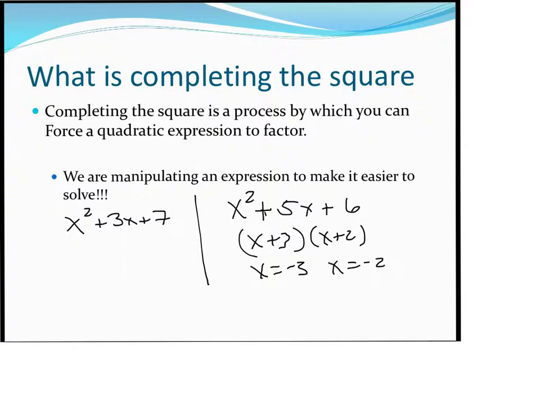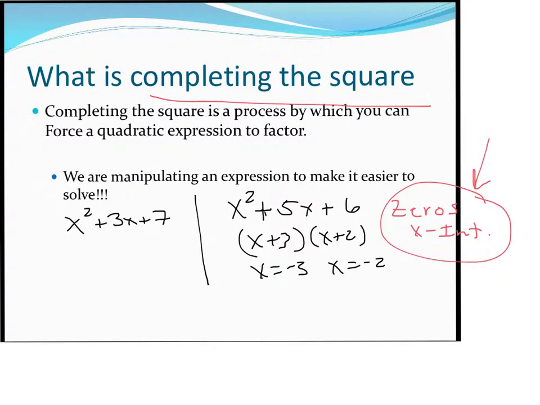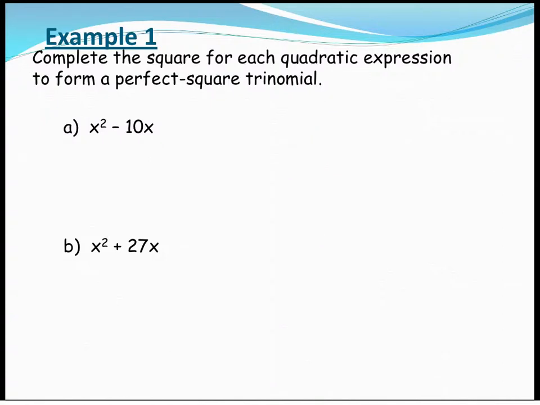These are synonymous: zeros or x-intercepts. When we're completing the square, we're doing the same thing. We're finding the same stuff, zeros, x-intercepts, that we find when we're factoring.